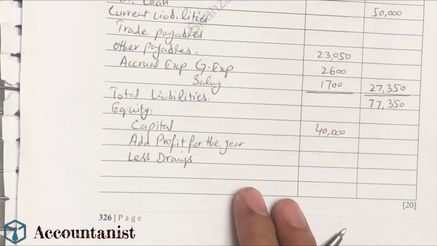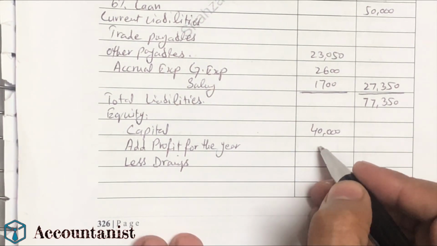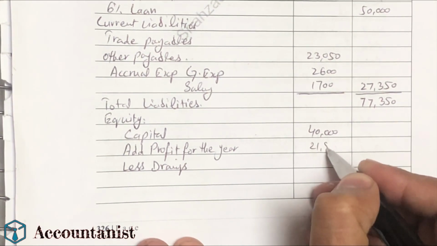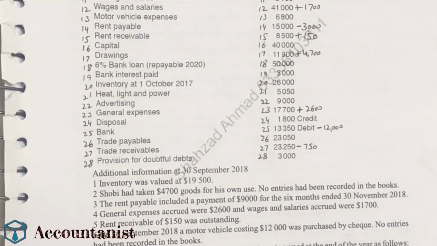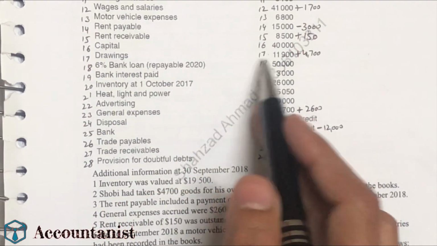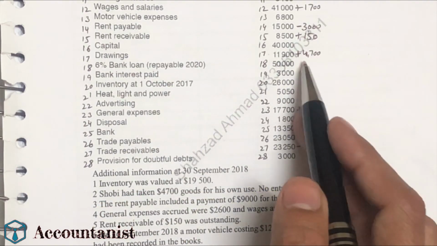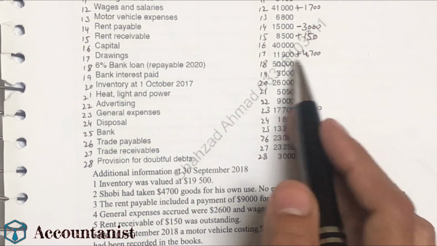So 21,850 will be added up here, and the drawings. So we'll come back to the question again to find out drawings. Yes, here it is. So there was an adjustment of drawings of goods, so we need to add this up.